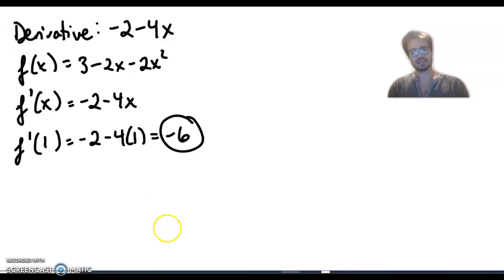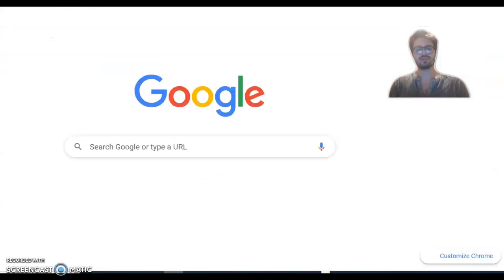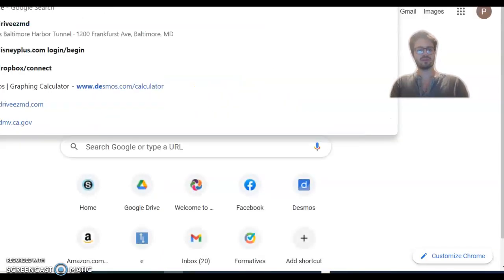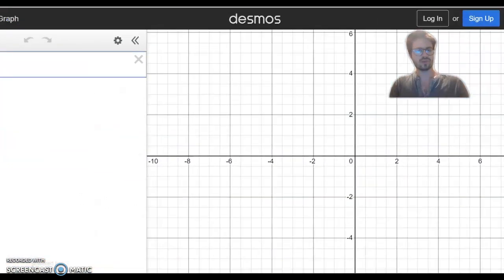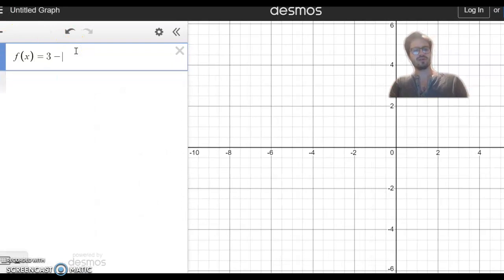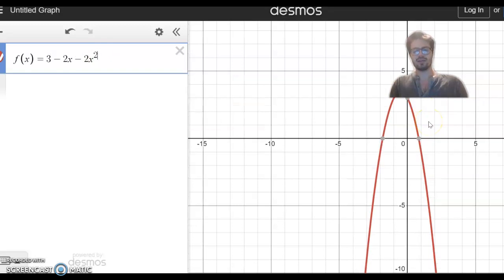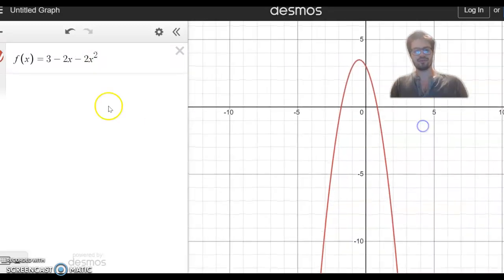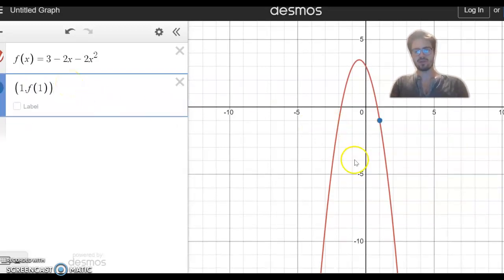Let's take a look at that. I'm actually going to open up Desmos. So our original function was 3 minus 2x minus 2x squared, right? Here's our lovely parabola. And we wanted to know right at this point, what was the slope of the tangent line?